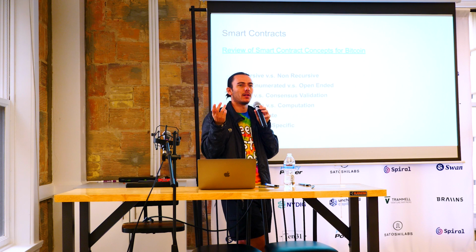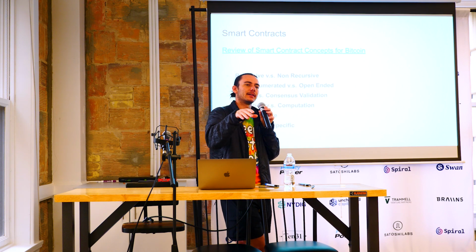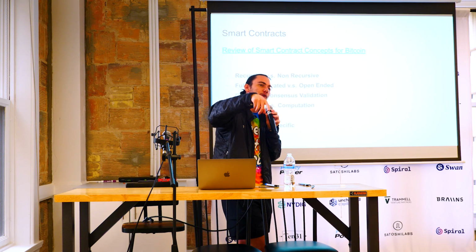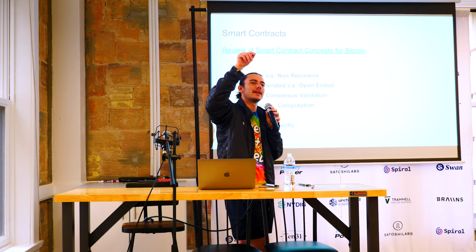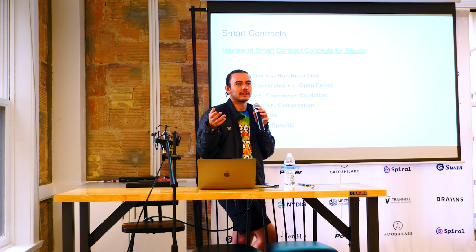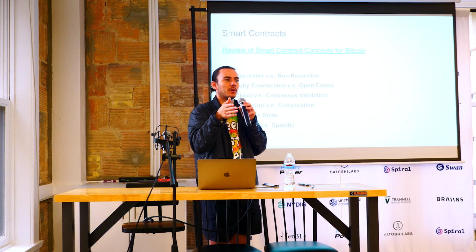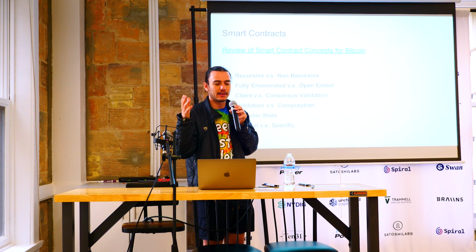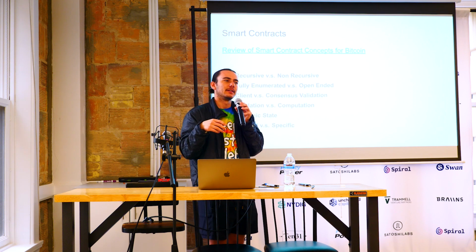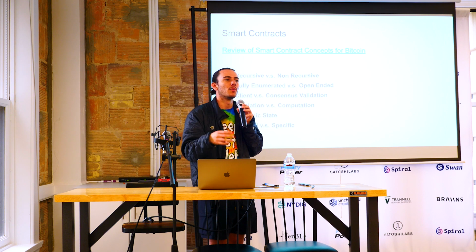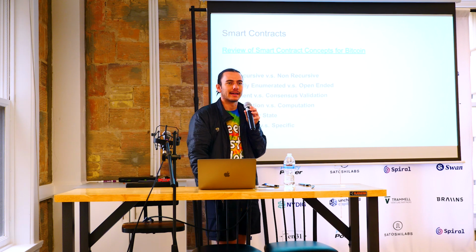A non-recursive covenant would be like, I am selling this house to you, you may not paint it blue for 10 years. But then it expires and you sell it to somebody else and they can paint it whatever color they want. A recursive one would be like, no matter who owns this house, it may never be blue, or no more than 3 people may live here.